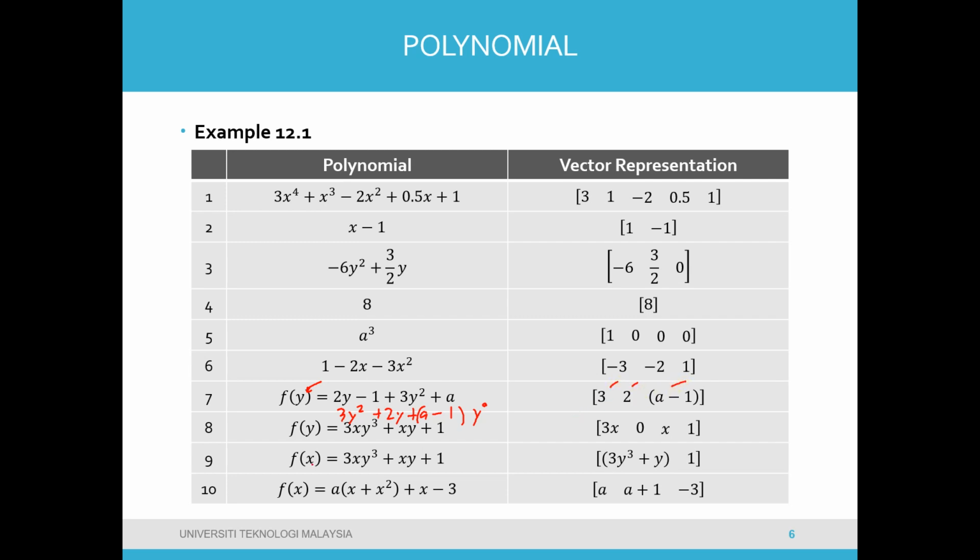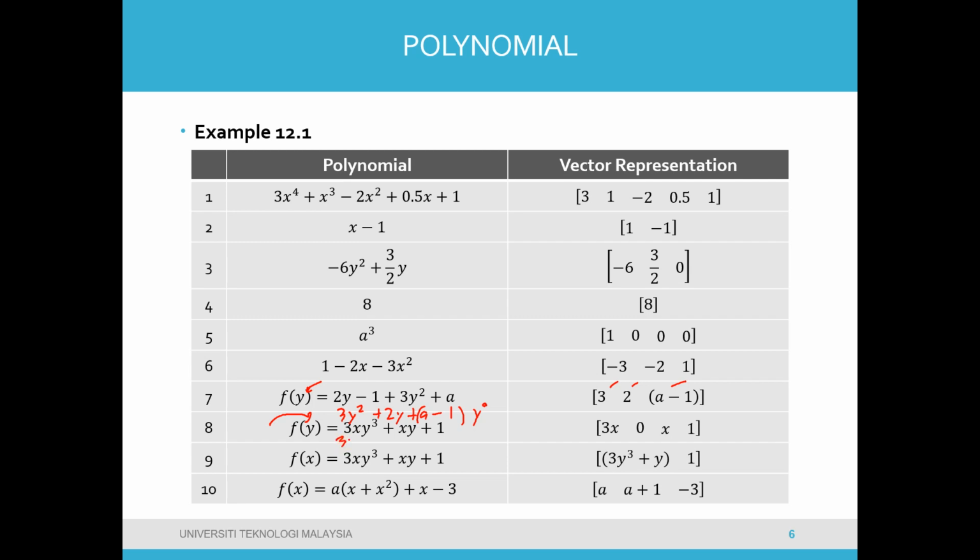So this is another example. You can see here, this is the function of y. Be careful: if you have multiple unknowns here, you have to look at the function. This is the function of y, which means you have to assume that x is a constant and y is the variable.